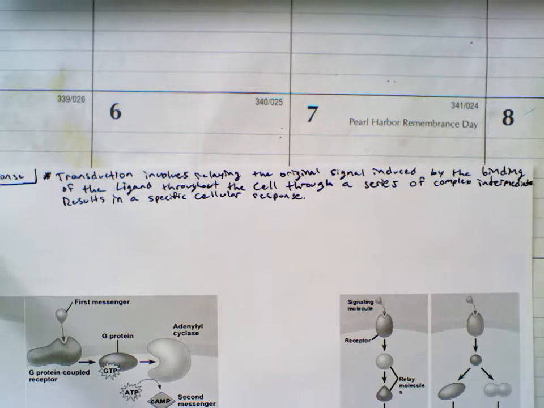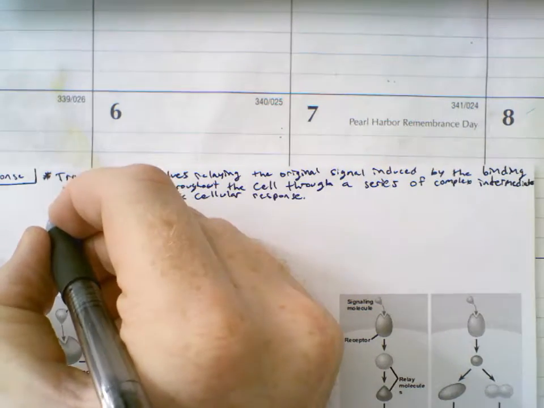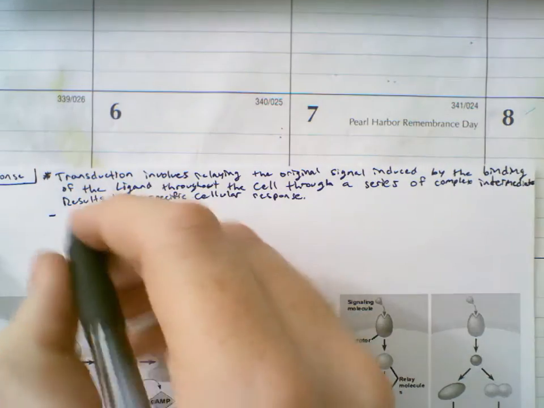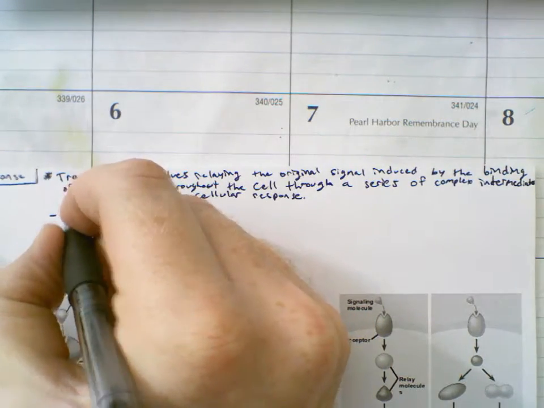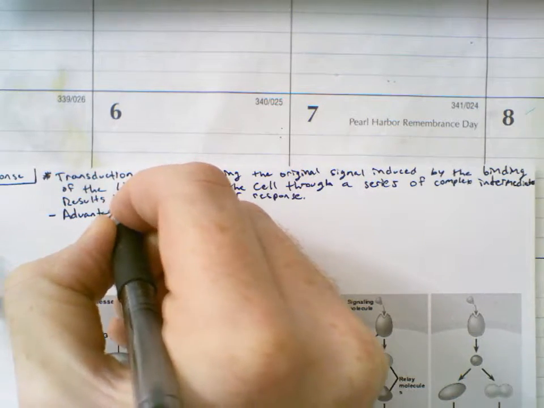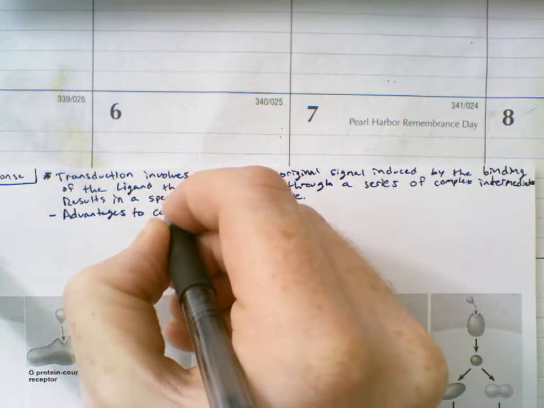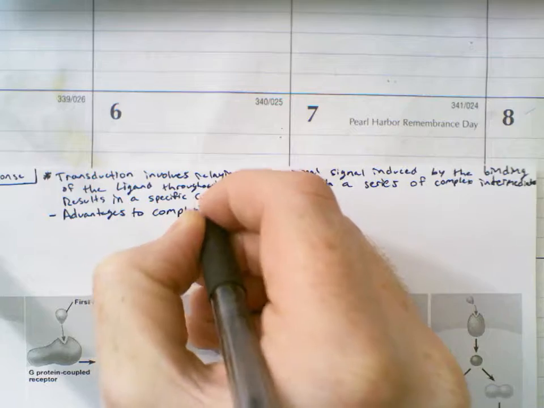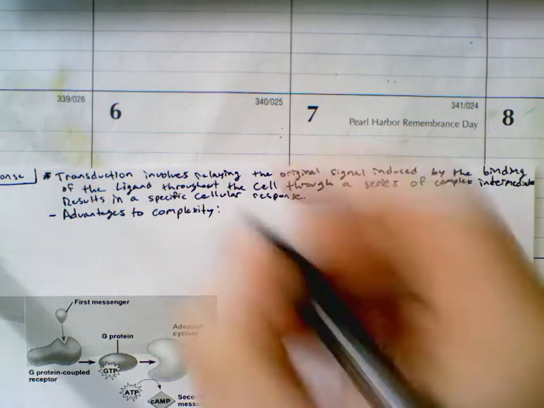Now, there are two major advantages to how complex these things are. Advantages to complexity. There are two.